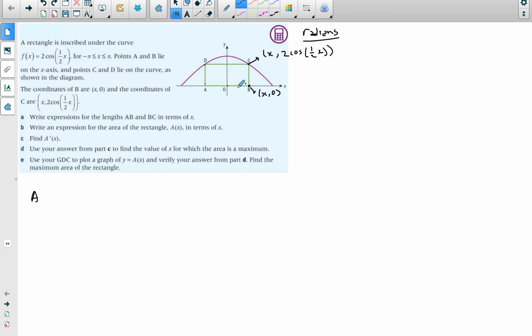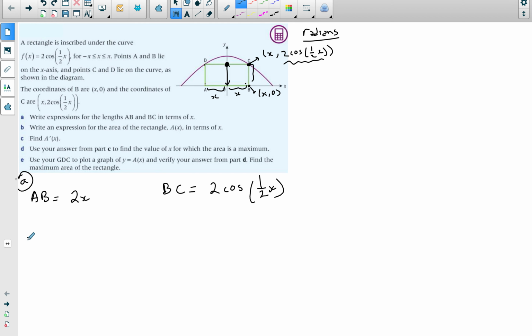If this length is x, this length is also x, so you have 2x for AB. And the height BC basically takes the length of the y-axis, which is precisely the y-coordinate of your C. So BC is exactly 2 cos half of x. That's for part A.